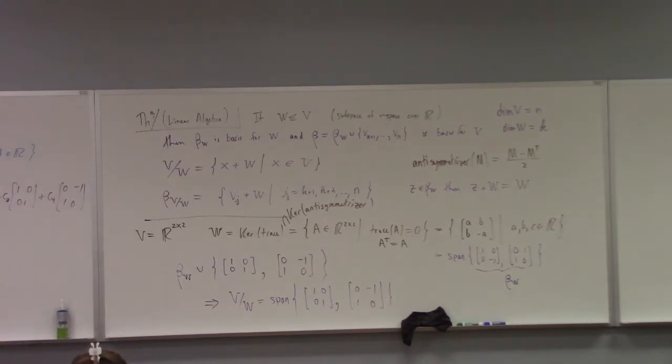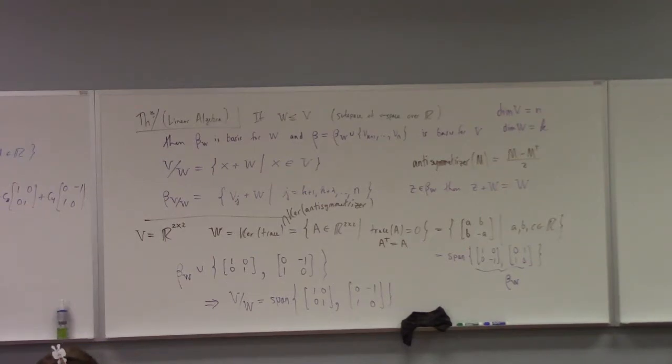To find the formula I need to figure out what C1, C2, C3, and C4 are in terms of A, B, C, D, which you could do. We got C1 plus C3 equals A. We've got C2 minus C4 equals B.